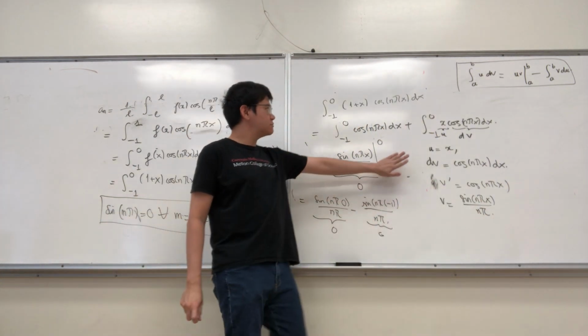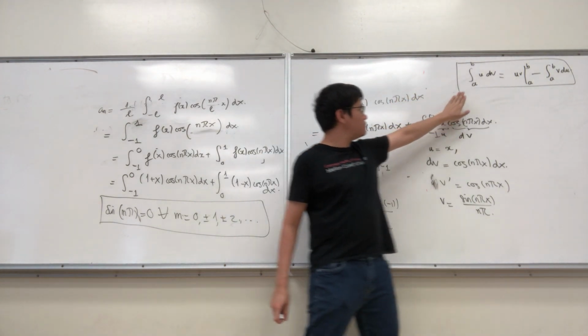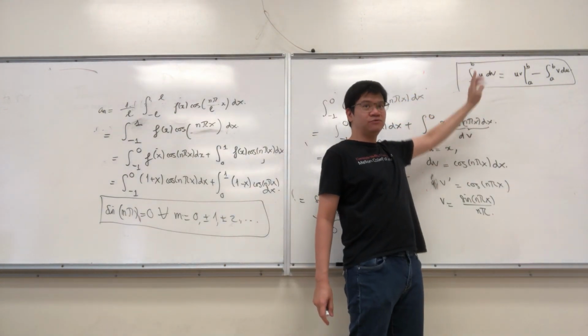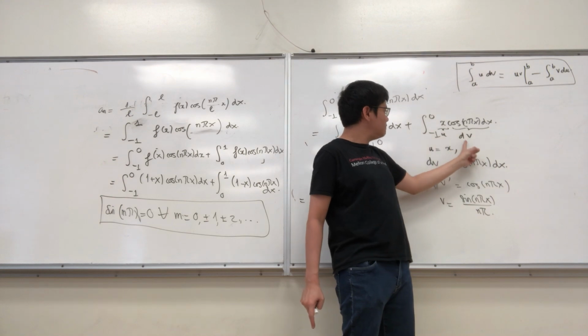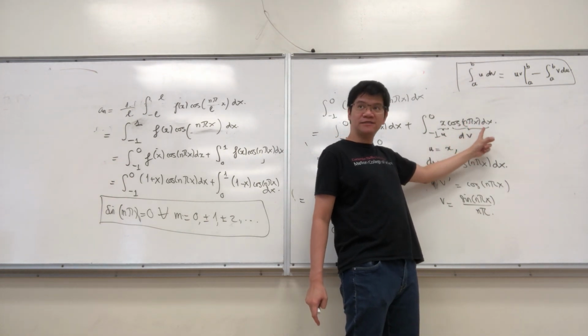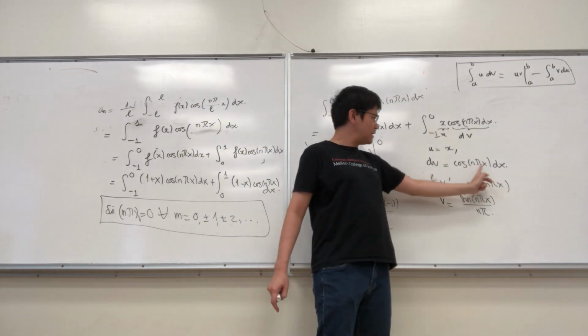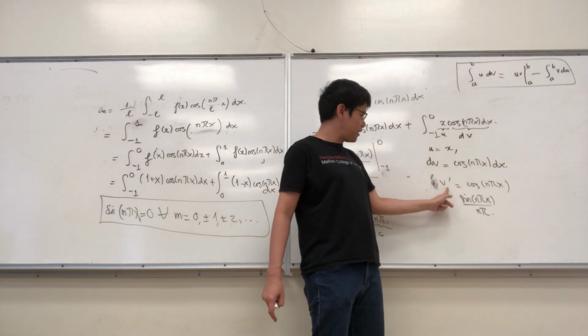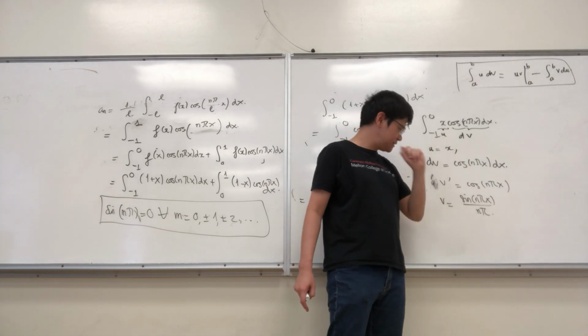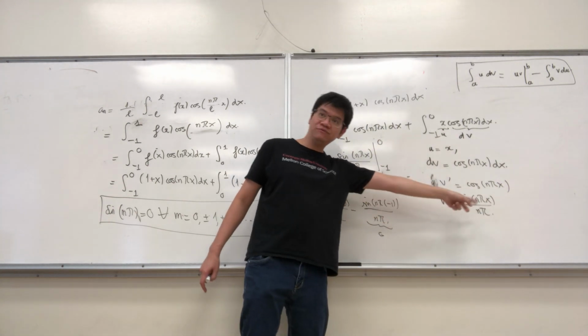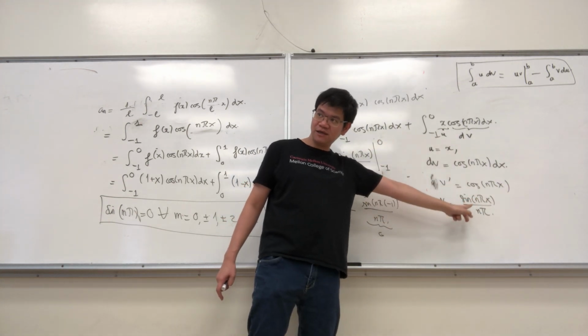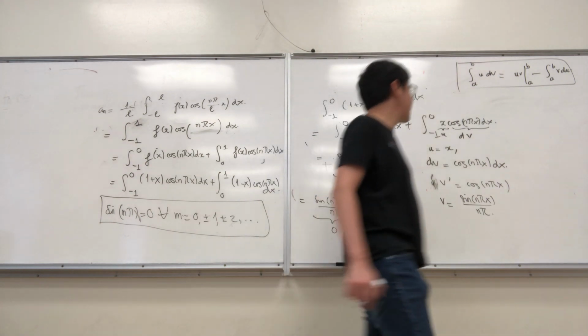So I'm going to use that formula. a will be minus 1, b will be 0. u will be x, and dv will be cosine of n pi x dx. Now, v prime is cosine n pi x, so v will be sine n pi x divided by n pi.